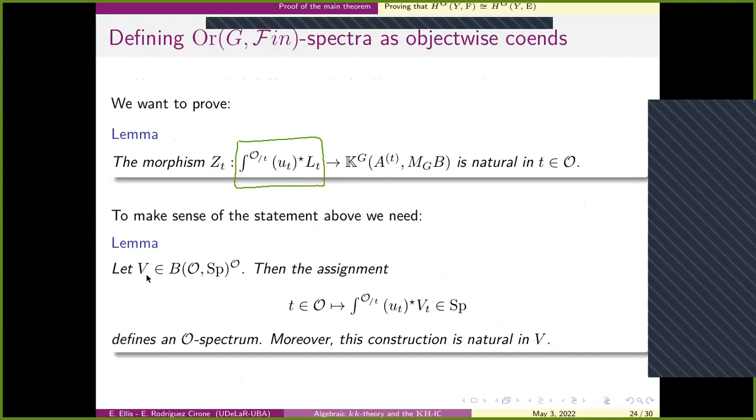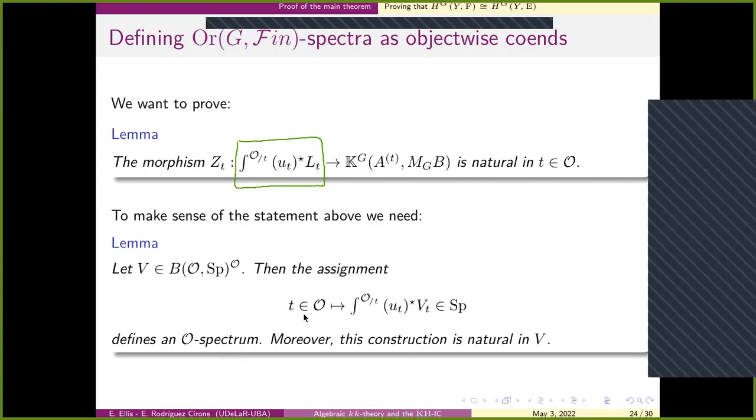If we have a family of bifunctors V depending covariantly on O, then the assignment that maps an orbit space T to this coend over the slice category over T defines an O-spectrum.